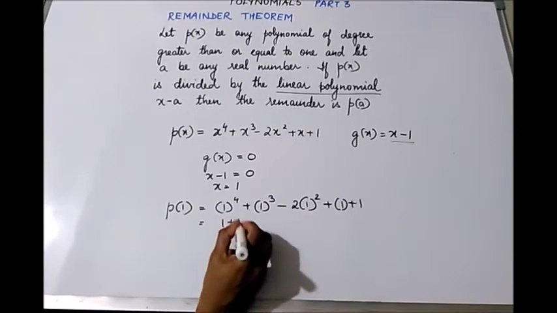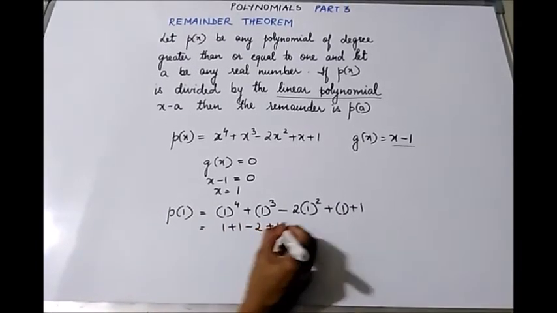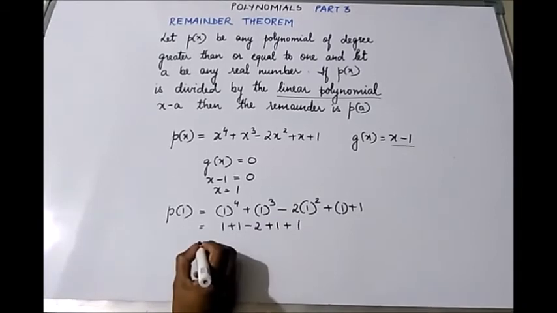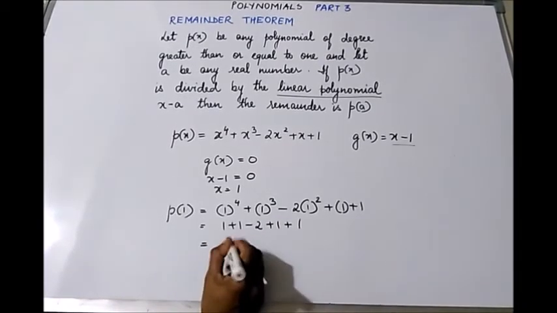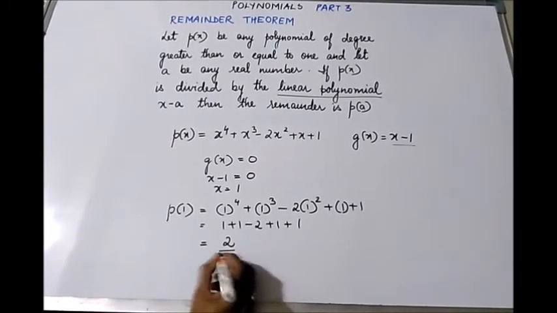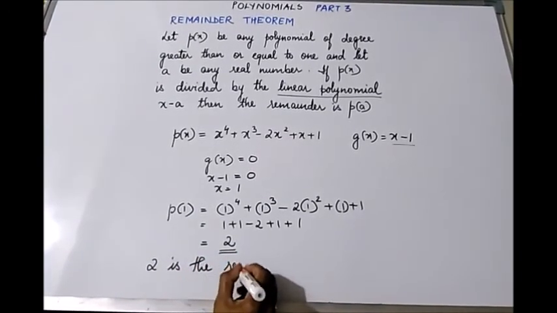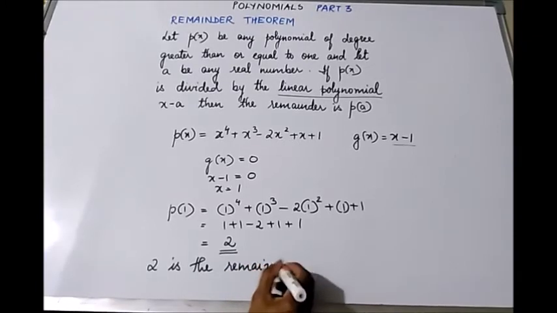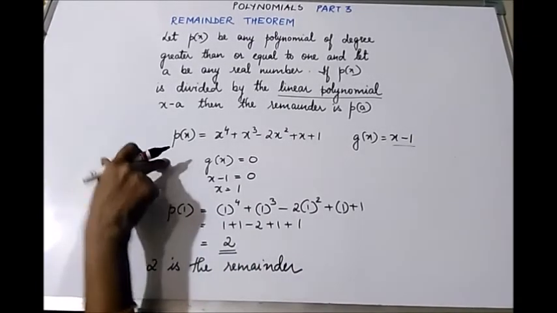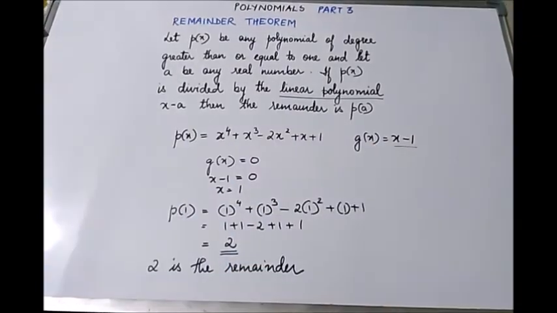This will be 1 plus 1 minus 2 plus 1 plus 1. Answer is 2. Now here 2 is the remainder when p of x is divided by g of x.